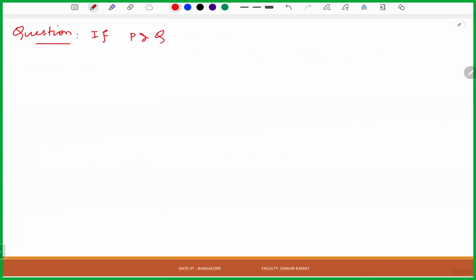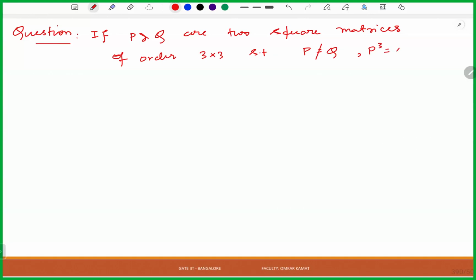If P and Q are two square matrices of order 3 cross 3 such that P is not equal to Q, P cube is equal to Q cube, and P square Q is equal to Q square P, then find determinant of P square plus Q square.